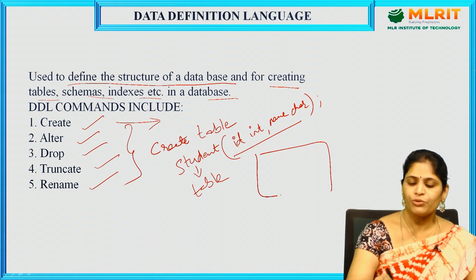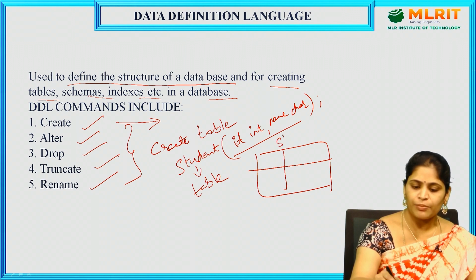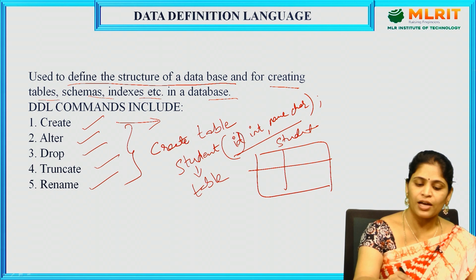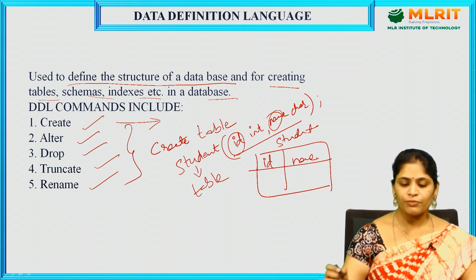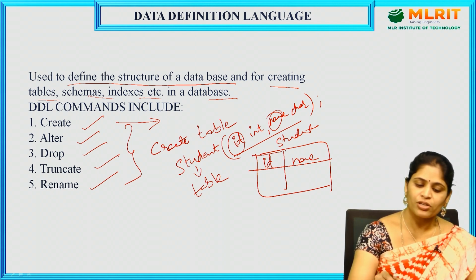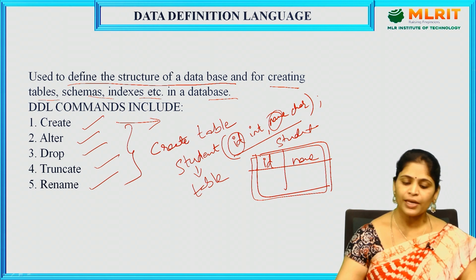If we give this command, then a table will be created with the table name student and the attributes ID and name. The first column represents ID and the second column represents name. So by using the create command, the structure of a table will be created.